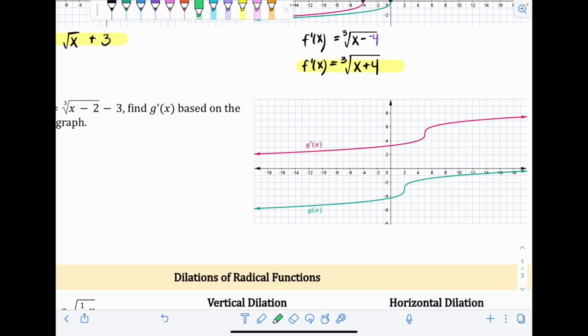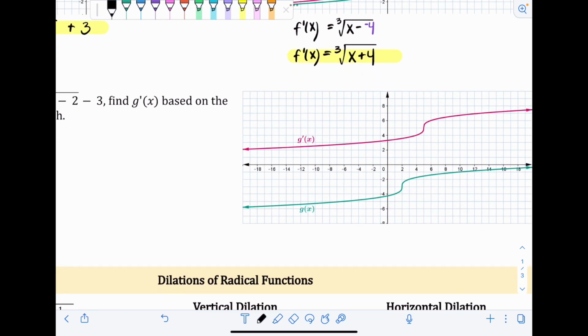So if I look at g of x, I'm going to focus in on this point right here at 2, negative 3. That's the point that for the parent function is usually at 0, 0, that little curve where it flattens out in the middle. And then that same point is over here at 5, 5.